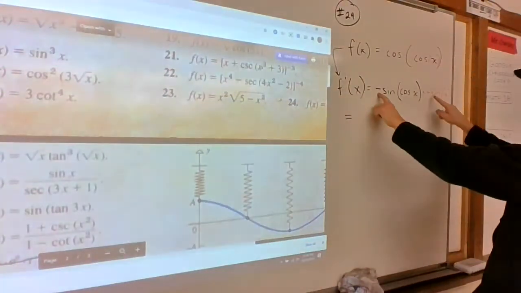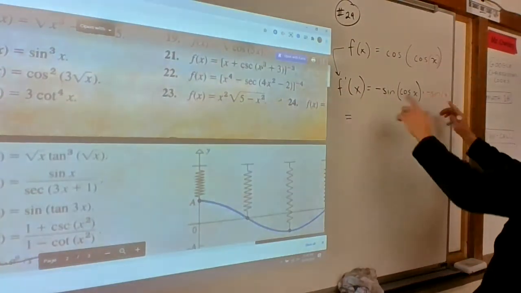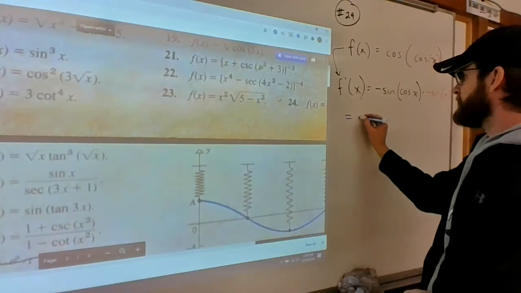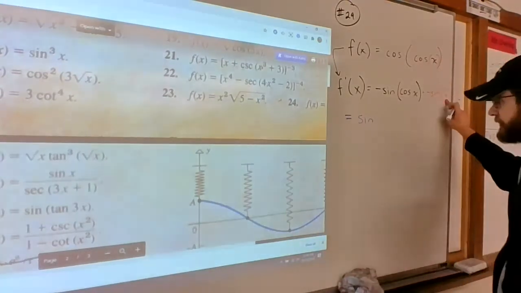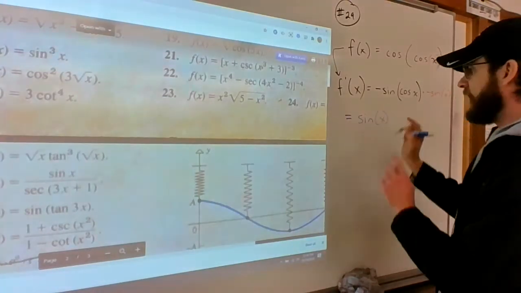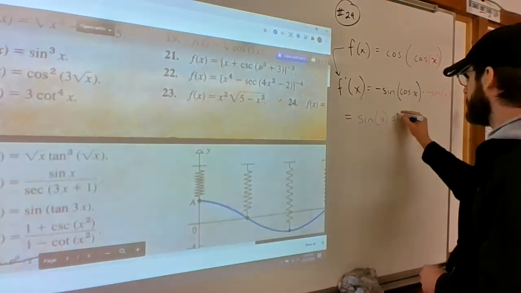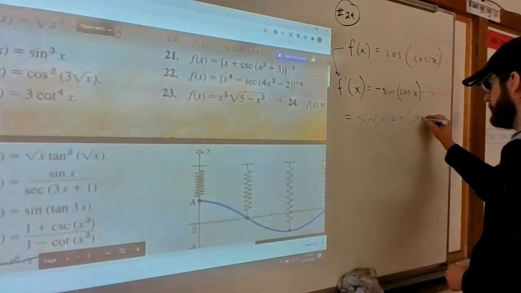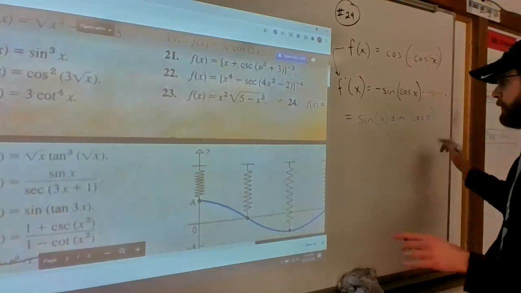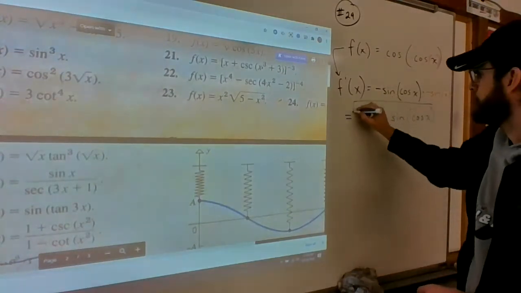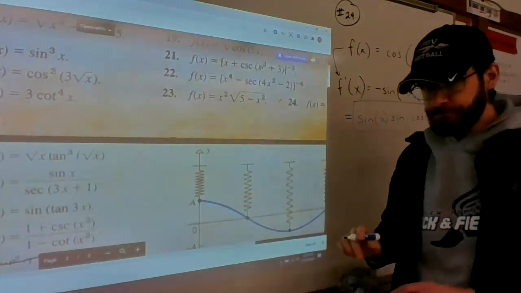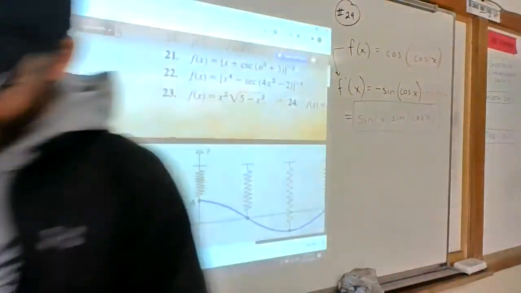So you can multiply the negatives together to create a positive, but it's going to be the sine of x times the sine of cosine of x. And you can't do anything more with it. That's it.